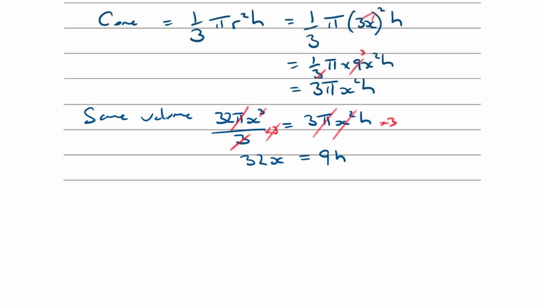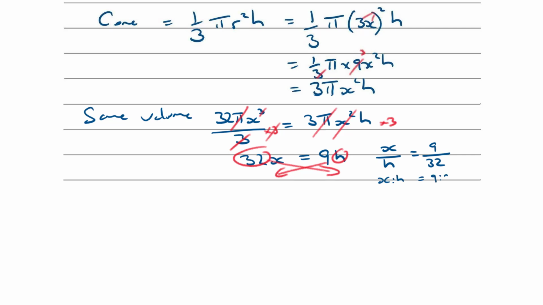So I'm going to say then that x, let's just rearrange that. So x over h is equal to, just by cross multiplying, I'm just going to move that down there, and I'm going to move that down there. So I'm going to get x over h is equal to 9 over 32.